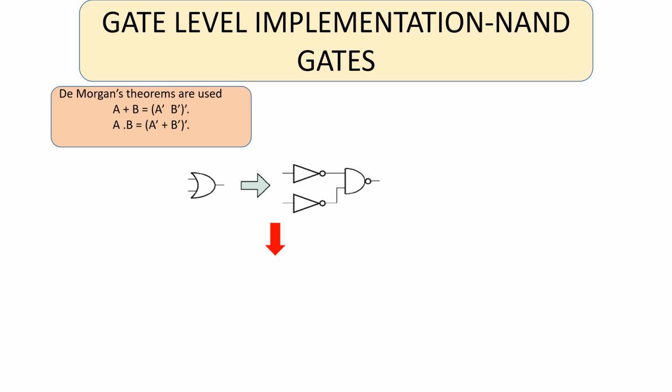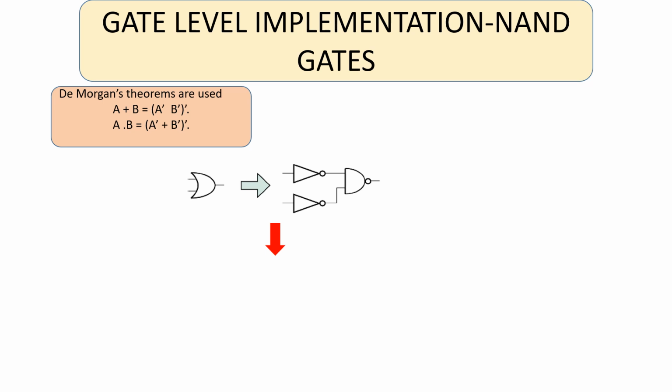A quick recap again on how an OR and an AND can be constructed by using only NAND. Look at the first expression, an OR. A plus B is the output of this OR. Consider De Morgan's theorem. A plus B is equal to A bar into B bar, the whole bar.